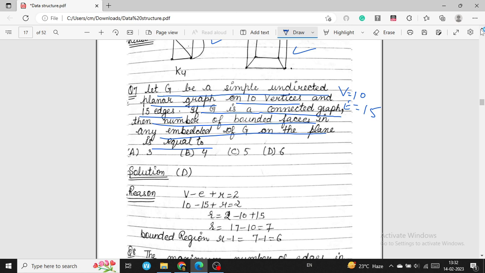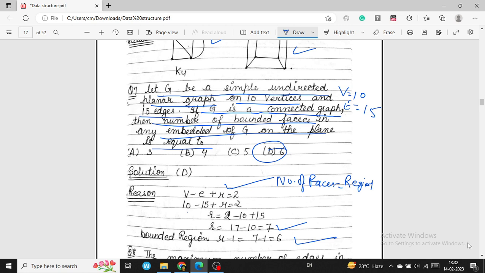Here you can use the formula and find the answer is 6. V is 10, E is 15, and R you have to find out. R is equal to 2 minus 10 plus 15, which is 7. Total regions are 7, and the number of bounded faces equals regions minus 1, that is 6.